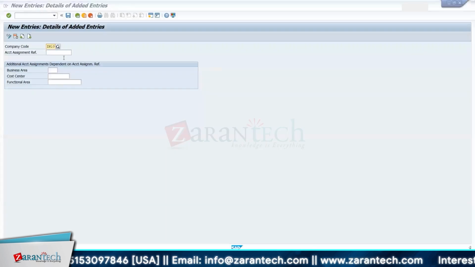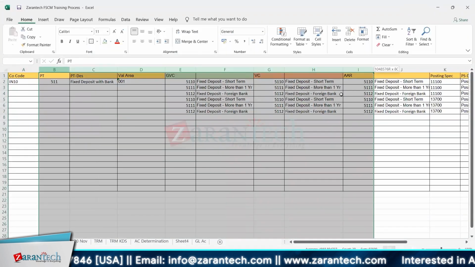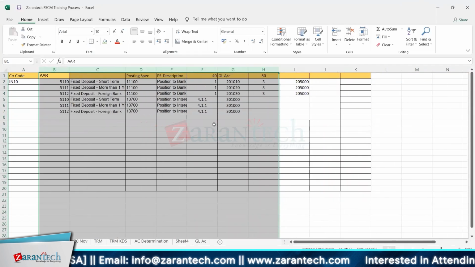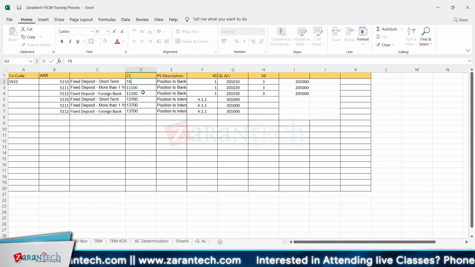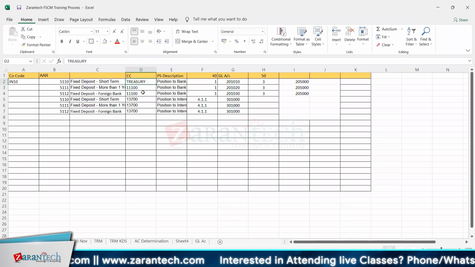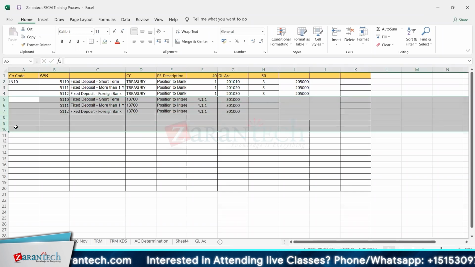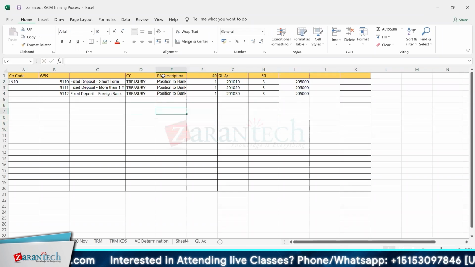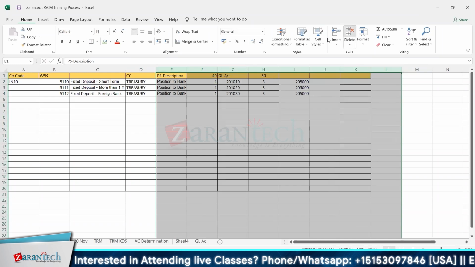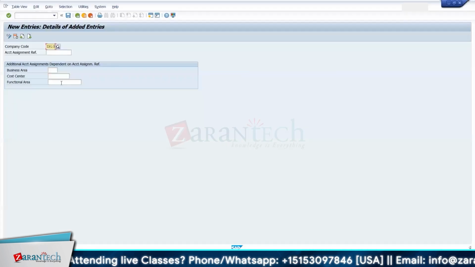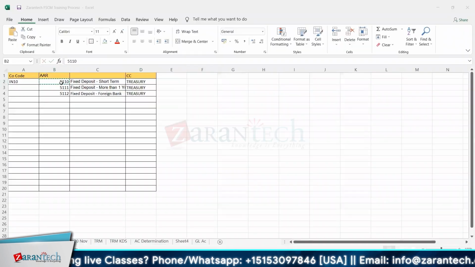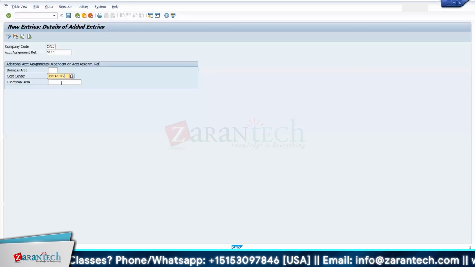So this depends on the company code. Then account assignment reference. And here, what is the cost center? The cost center is treasury. Okay. So it will be easy. Cost center, treasury.